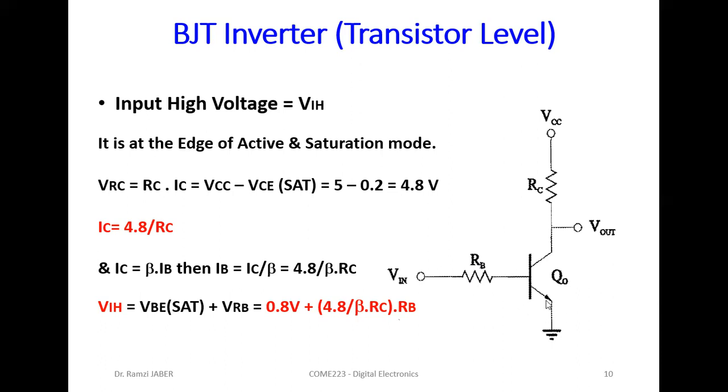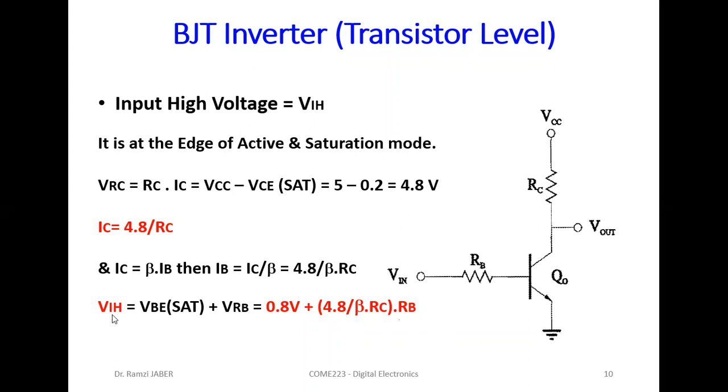VCE in saturation mode is always 0.2, and VBE in saturation mode is always 0.8. So in saturation mode we have voltage BE equal 0.8 plus the voltage on RB. The voltage on RB equals IB times RB, RI. So RB times IB, where we replace IB by these values.